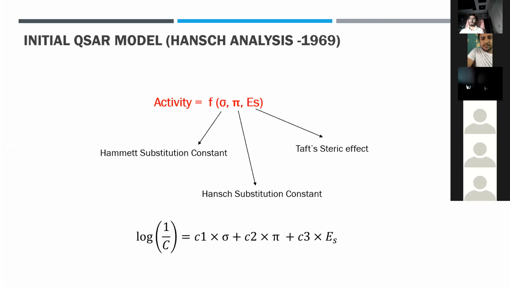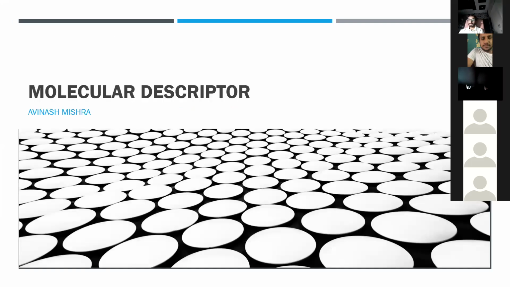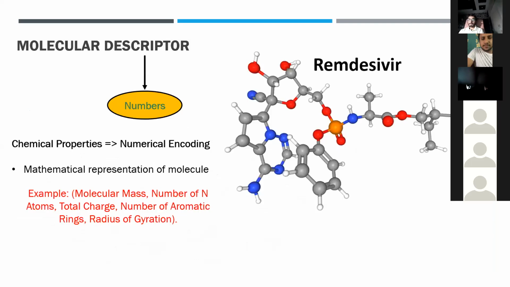It's not necessary that if you have thousands of parameters, your mathematical equation would be accurate. You have to be very choosy with the descriptors or the features. Sometimes you need many features, sometimes just a small set, so anything is possible. Selecting these molecular descriptors is very important.